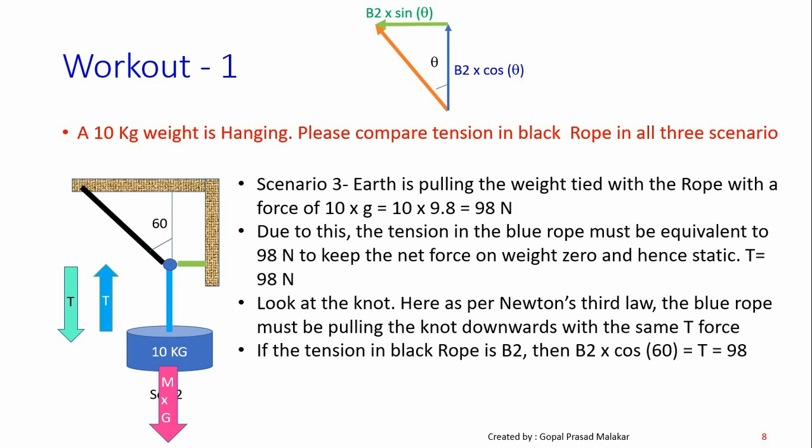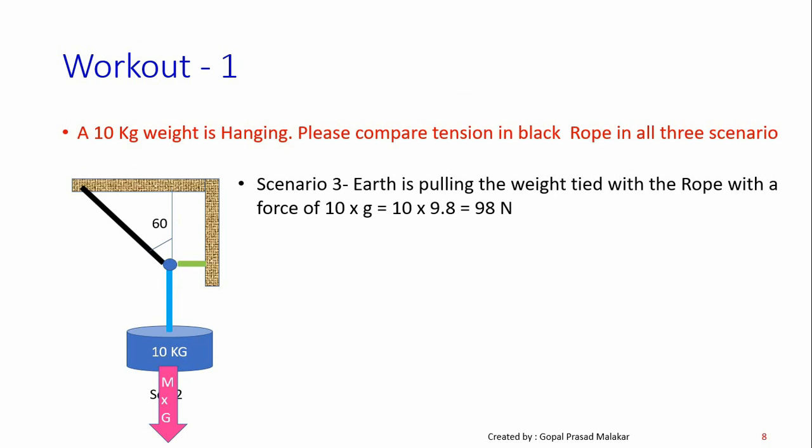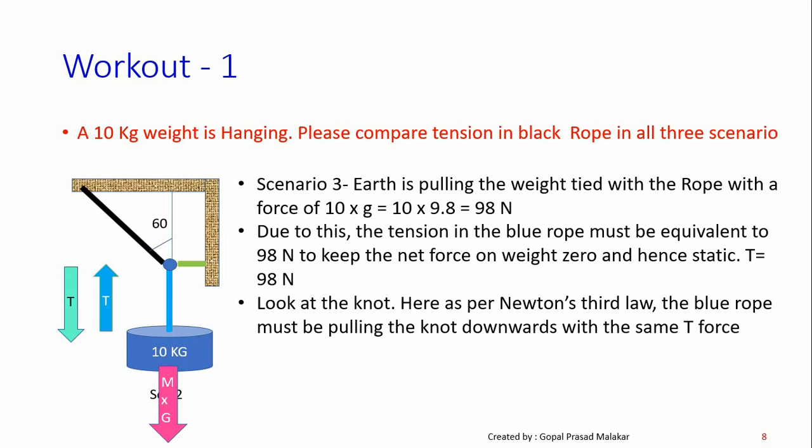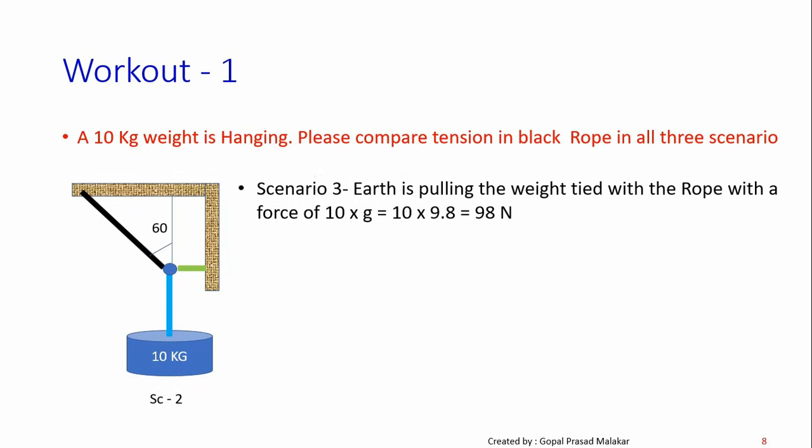If you think of, there it was 113 when it was 30 degree, and here it is 196. So more the angle, more the tension in the black cable. And as I was expecting, this also has to be more, and that's what you're seeing. If you see there, it was 56.58.